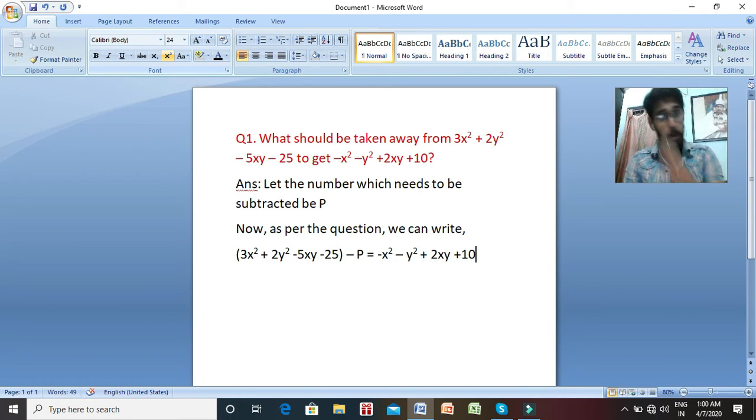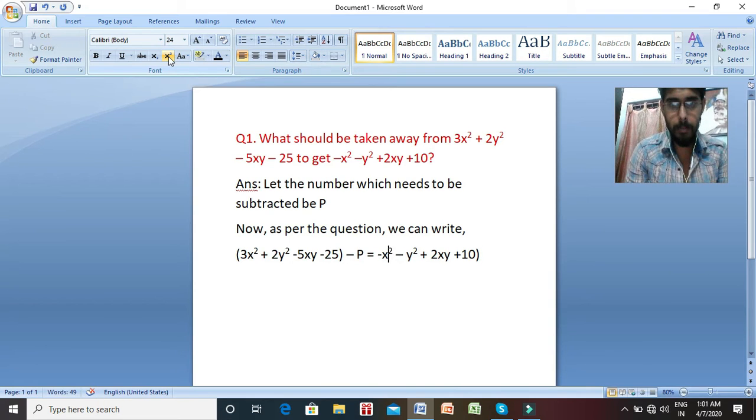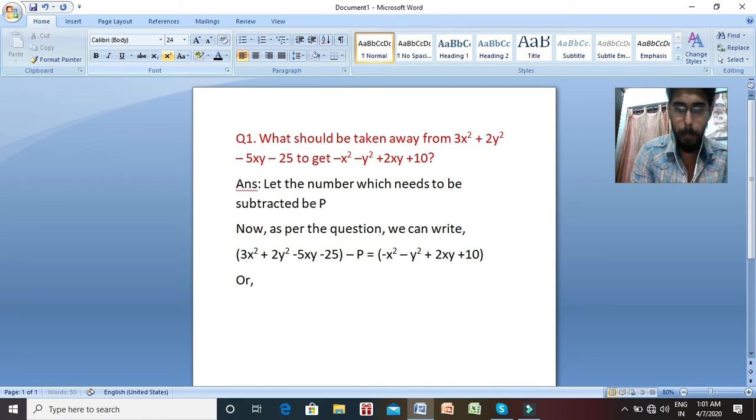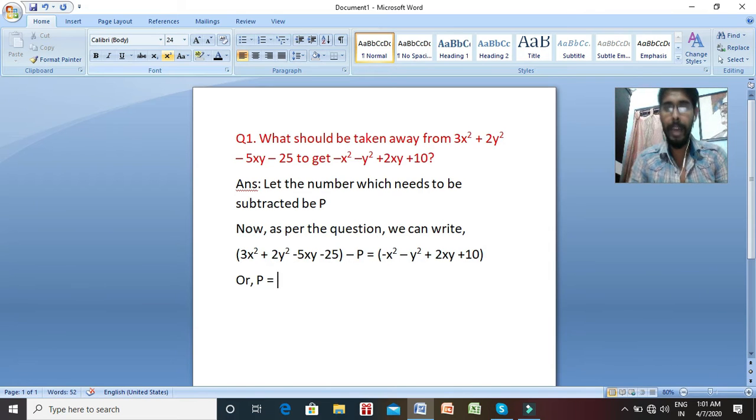Okay, so this is the result that we are getting. Let's again put it in a bracket. So that is the first statement, or we can say p equals to, now what will p be equal to? If p has to be equal, that means we are moving p from LHS to RHS, so automatically the RHS one will be getting into the LHS.